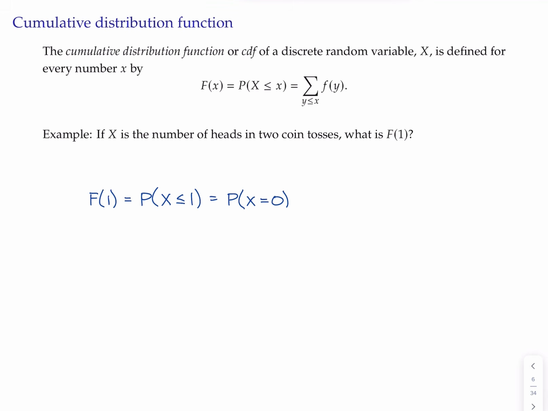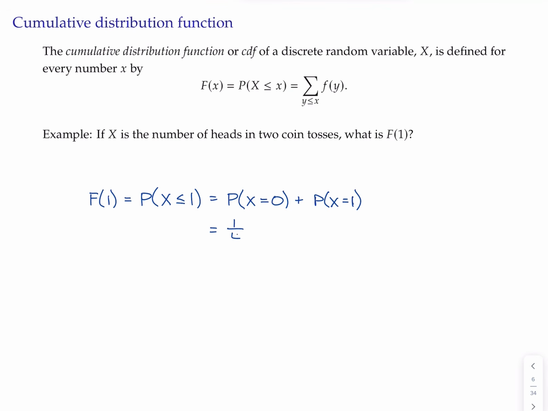Well, x could be 0, or x could be 1. In this case, the little x is 1, and the y is just tracing all the different possible values less than or equal to 1. That's all that it means.